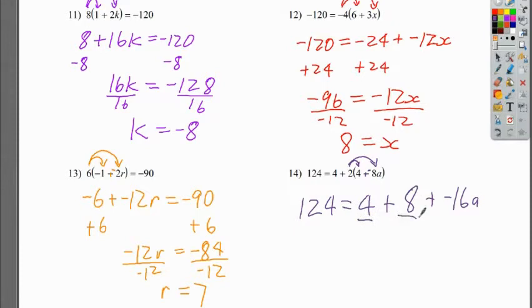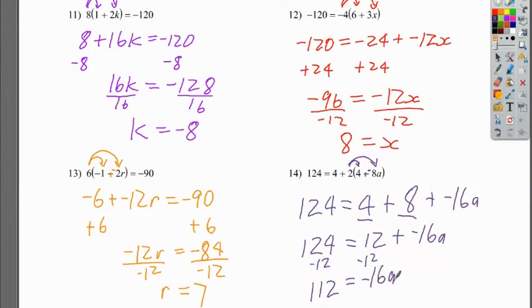Now we combine our like terms. 4 and 8 are like terms, so that's 12 plus a negative 16a. And from here, we'll solve like it's a two-step equation. Subtract 12 from both sides. We end up with 112 equals a negative 16a.